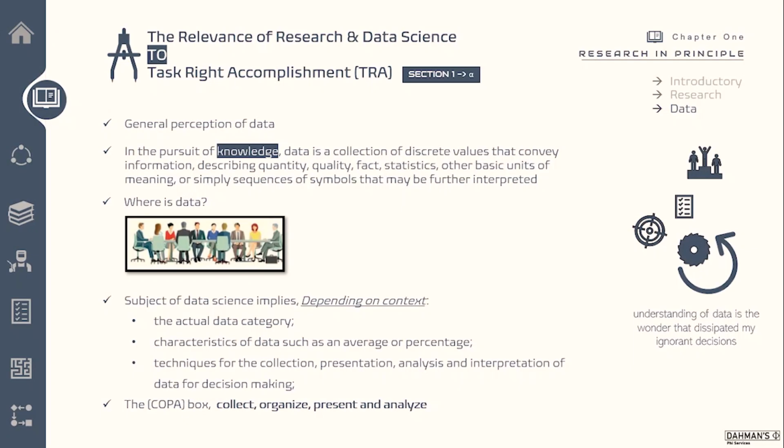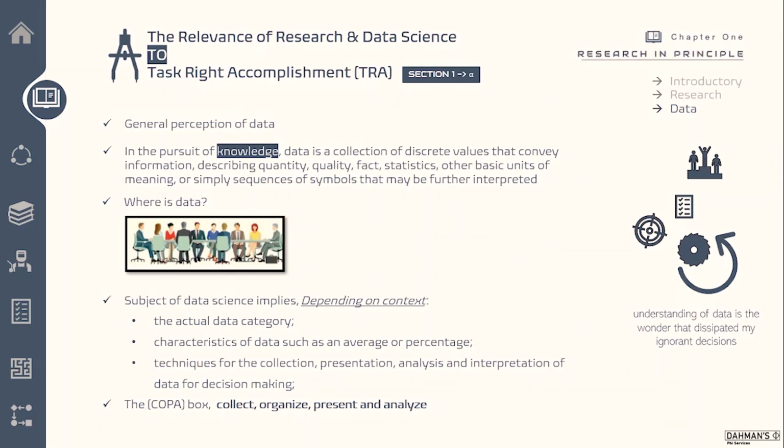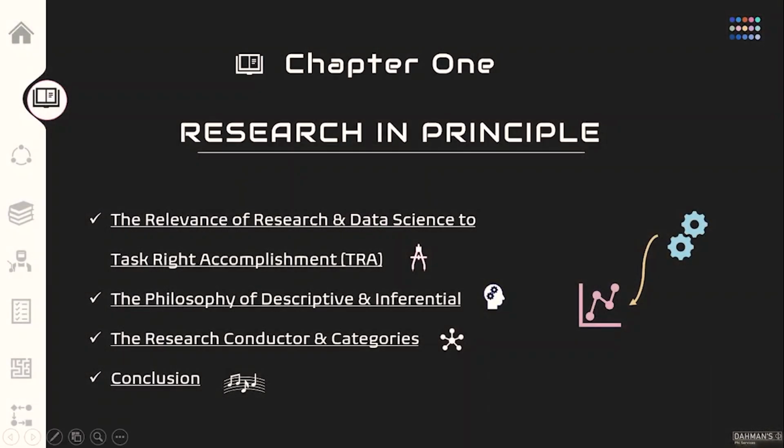At the end, we were able to convert this academic definition of data into a visual presentation, and we have seen the steps of taking this image and converting it into steps and a process, looking at how to extract the data out of it. And then we went back and linked all of it to the TRA graph. We are ready to move to the second section of this unit, and that is to start the discussion on the philosophy of descriptive and inferential. See you then.